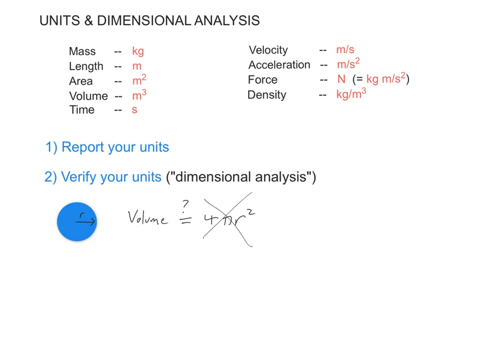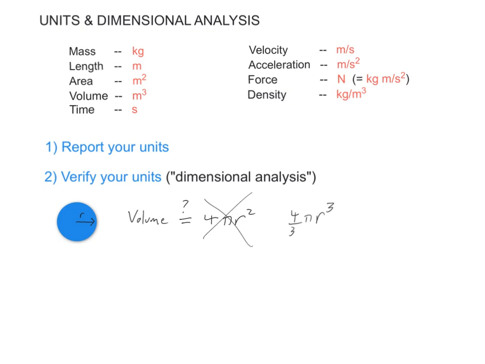And in fact, you may recall that the actual formula for the volume of a sphere is 4/3 pi r cubed. And now you can check that this thing has the correct units because r is measured in meters and I cube it, so that's cubic meters, and that is in fact the units of volume.